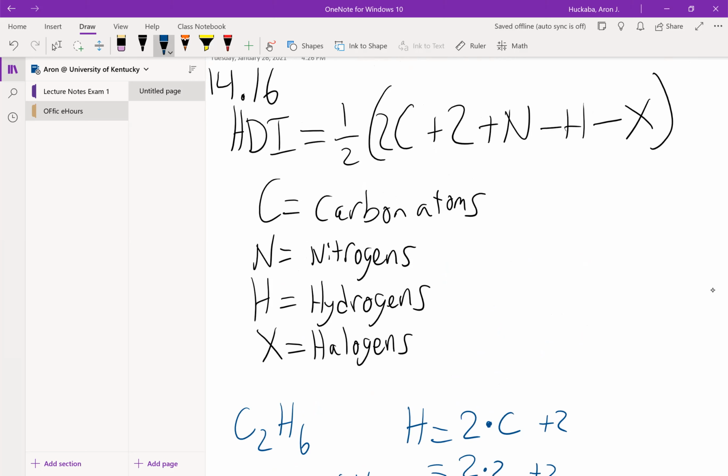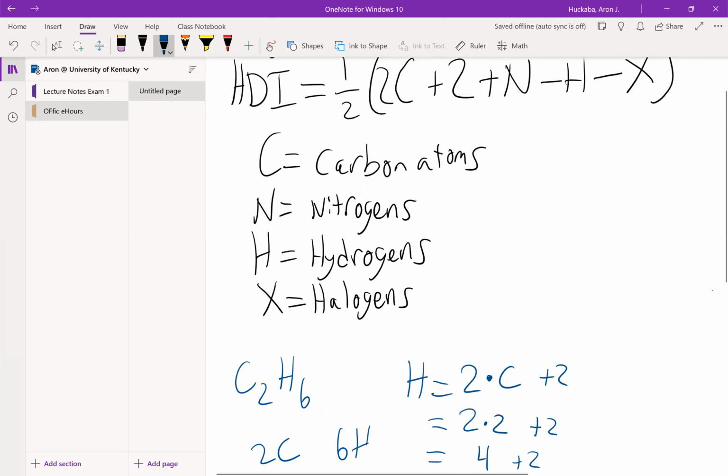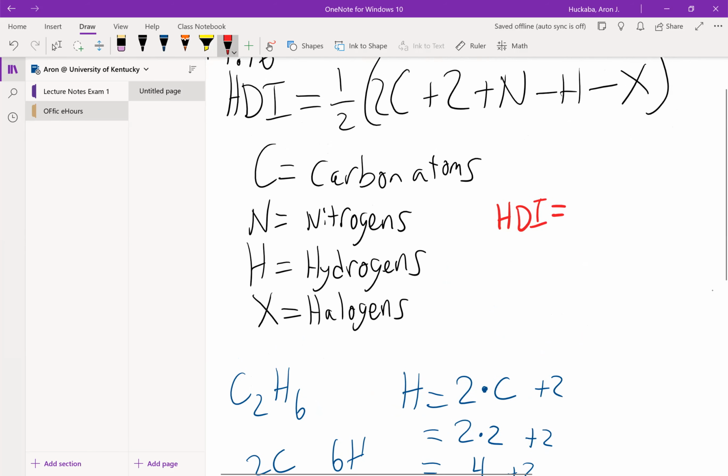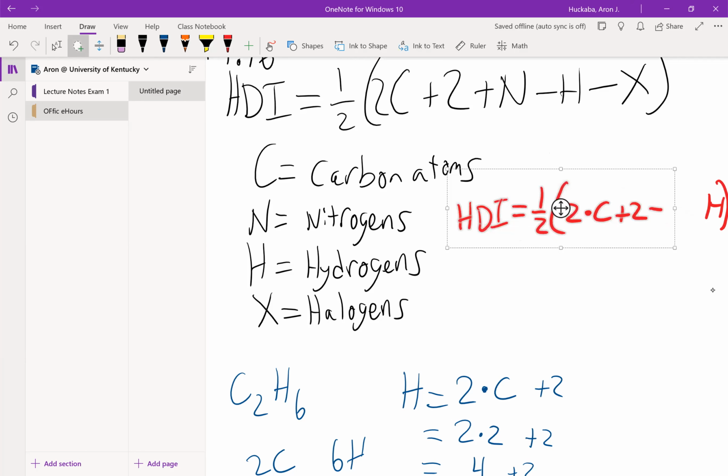If we now put C2H6 into this formula, we're just going to do this right here since it's a little easier, and I'll do it in red. So HDI is equal to 1/2 times 2 times the carbons plus 2 minus the hydrogens. Okay, so let's move this over so we don't run out of room.